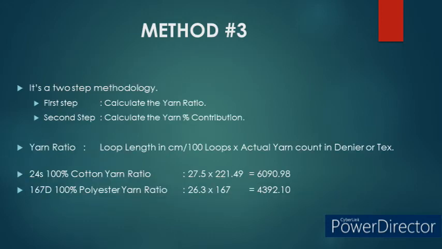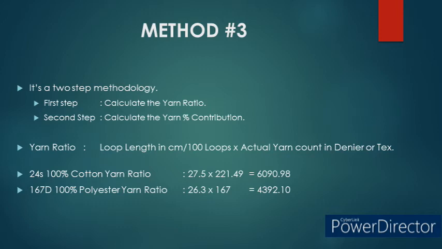Even method 3 is a two-step methodology. In the first step, we calculate the yarn ratio. In the second step, we calculate the yarn percentage contribution. The formula used to calculate the yarn ratio is loop length in centimeter into actual yarn count in denier or tex.